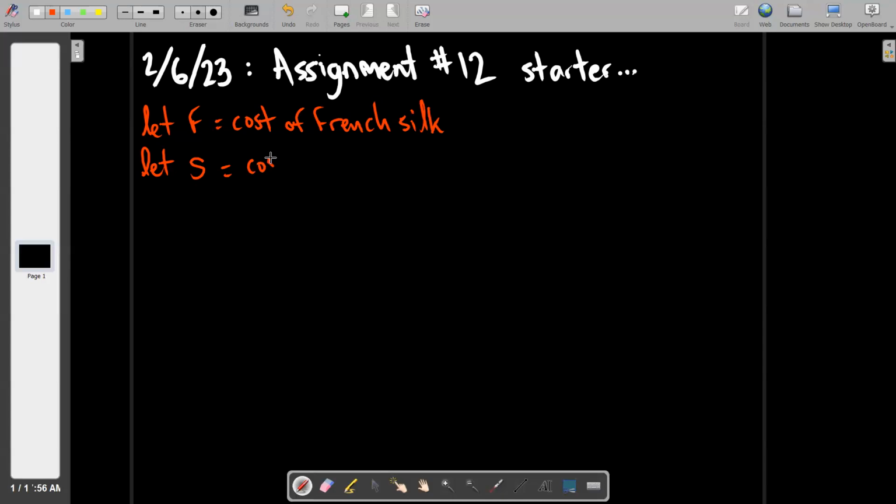So let S equal the cost of a strawberry. And I'm just abbreviating here. I don't need to write out the whole cheesecake thing. We know what we're up against here. And honestly, if you don't want to do this step, I'm not going to require it this time, since I hope that you'll use contextually specific variables. If you're always going to use X and Y, then you should do a variable declaration.